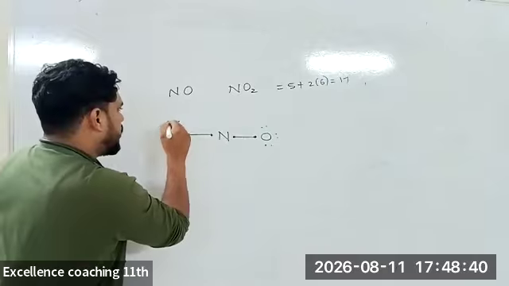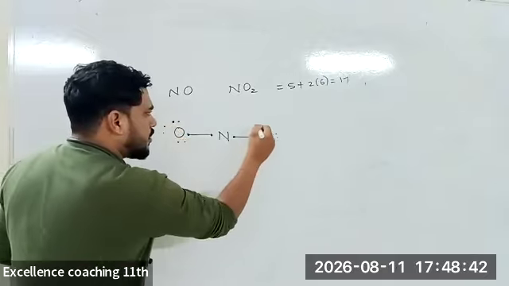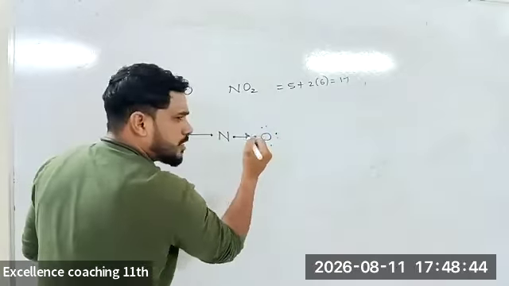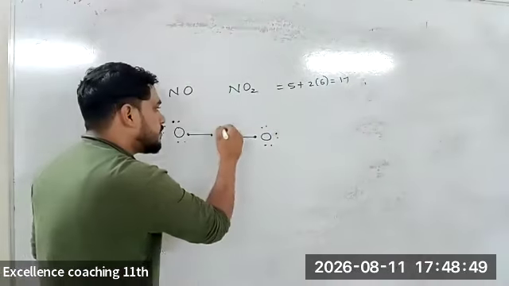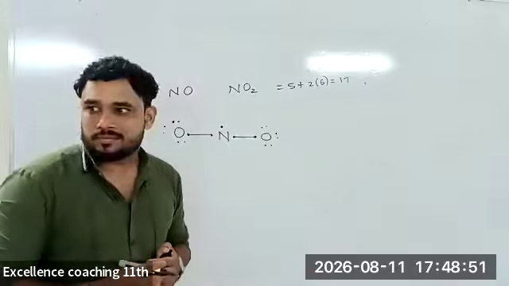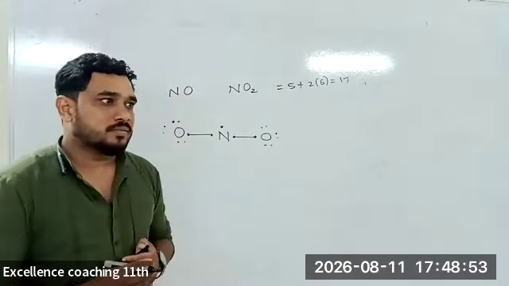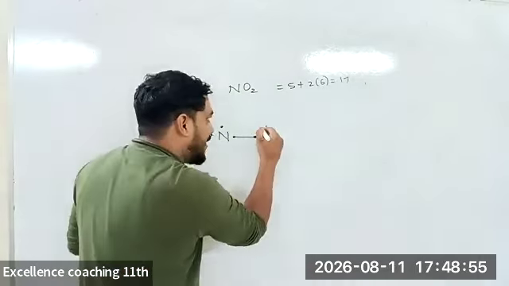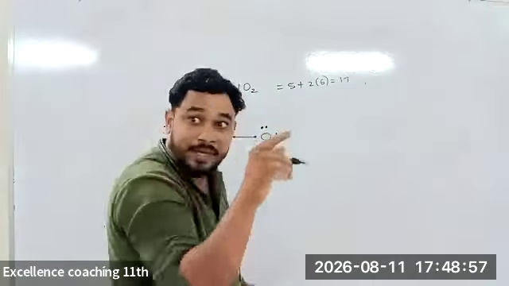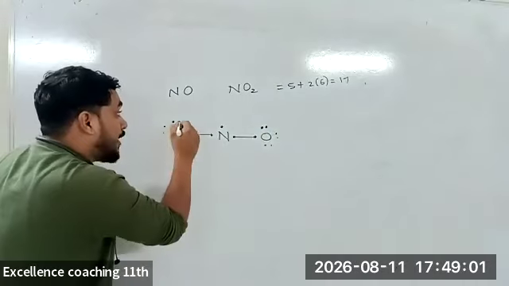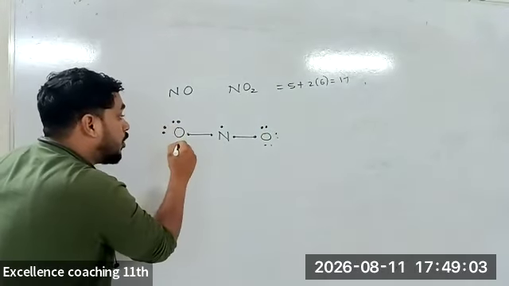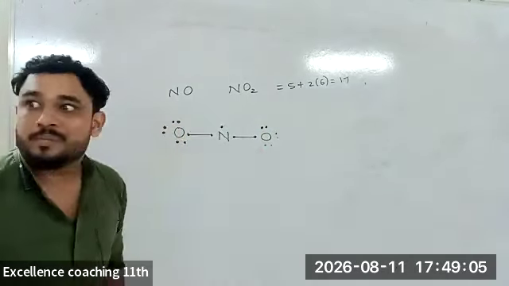Out of 13, how many are used? 12 are used. 1 is left: an odd electron. It should be in a pair. Do you remember when I told you we have to complete the octet of the central atom by converting them into lone pairs and bond pairs?